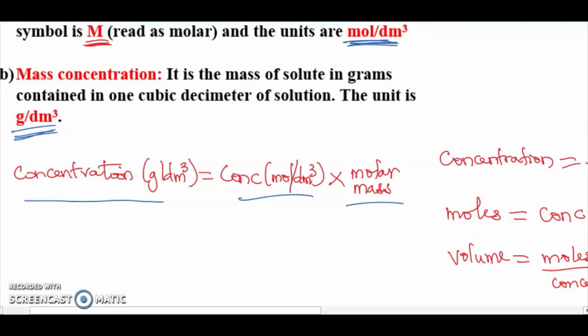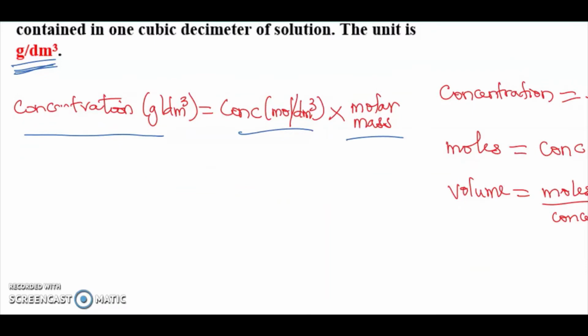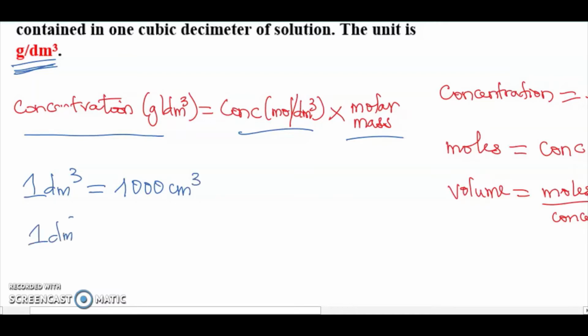Now, it is important you also get to learn about these conversion units. Remember, we've said concentration is expressed in mole per dm cube. You should note that 1 dm cube is equal to 1000 cubic centimeters, and 1 dm cube is still equal to 1 liter.